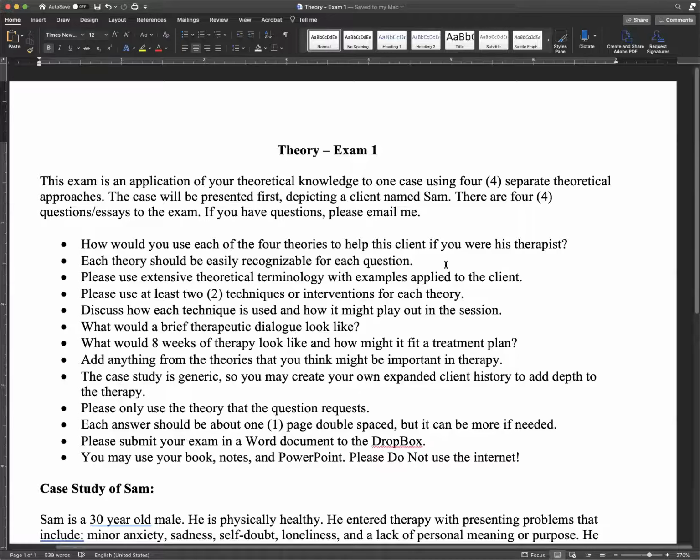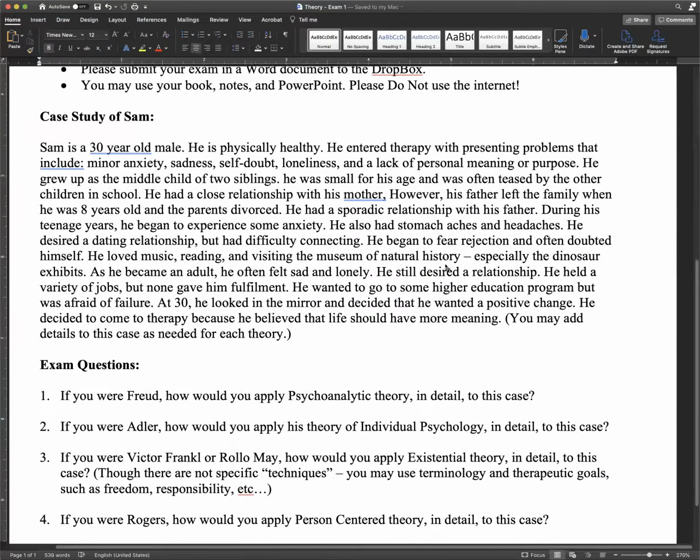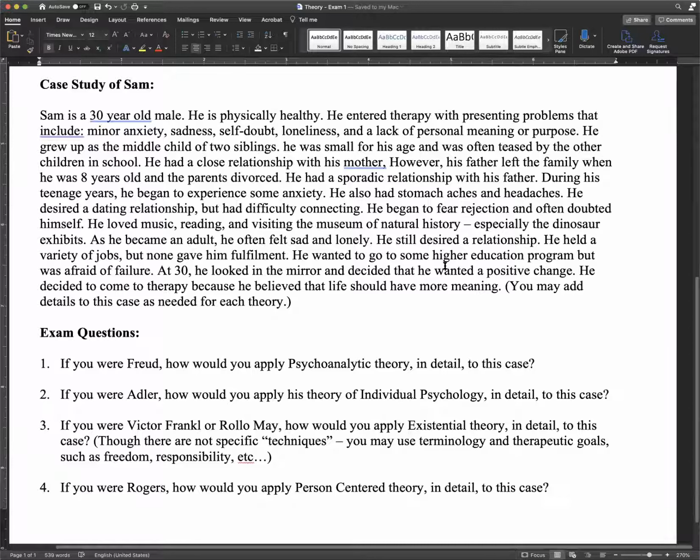Let's look at the case. The case of Sam. I just made this one up. I didn't get it from anywhere. But you should be able to use all of the theories with this case. Sam is a 30-year-old male. He is physically healthy. He entered therapy with presenting problems that include minor anxiety, sadness, self-doubt, loneliness, a lack of personal meaning or purpose.